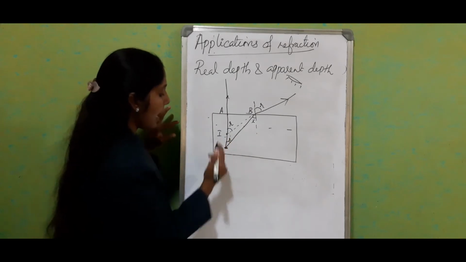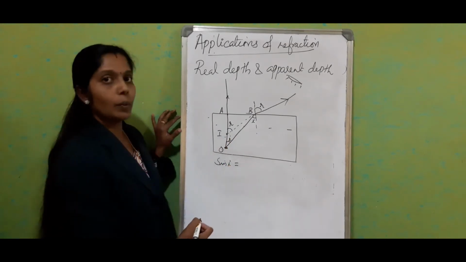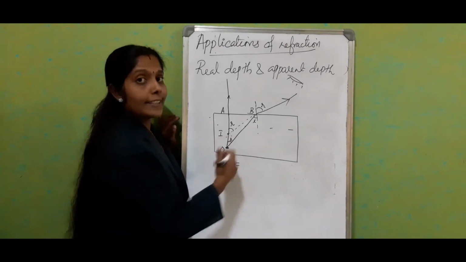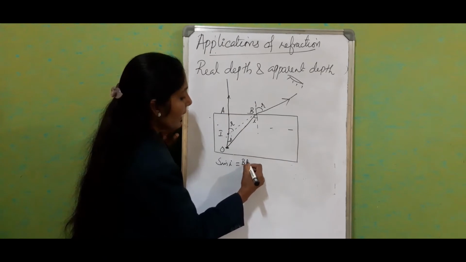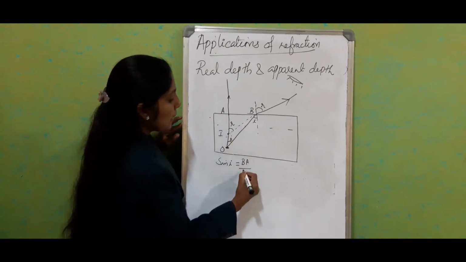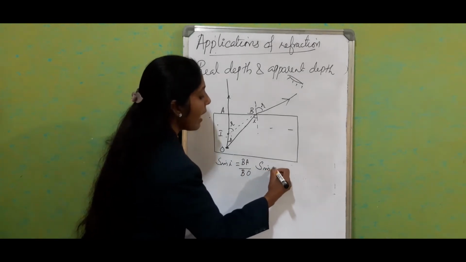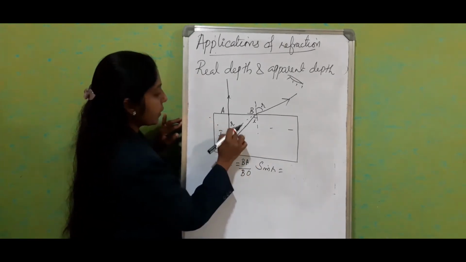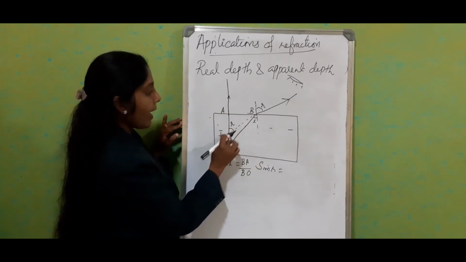From that, this is the angle i, sin i. What is sin i? Sin i is equal to opposite side by hypotenuse. This is the opposite side, BA, divided by the hypotenuse, BO. Same way we will find out what is sin r. Sin r is this one. So we want to consider this figure or this triangle AIB.